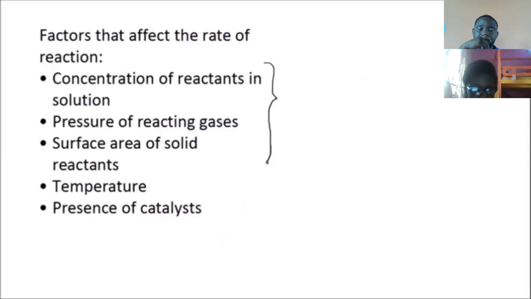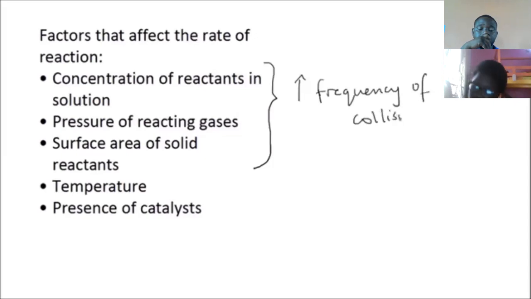We have covered the first 3: the concentration of reactants in solution, the pressure of reacting gases, and the surface area of solid reactants. Increasing any of these will lead to a higher frequency, so an increased frequency of collisions.